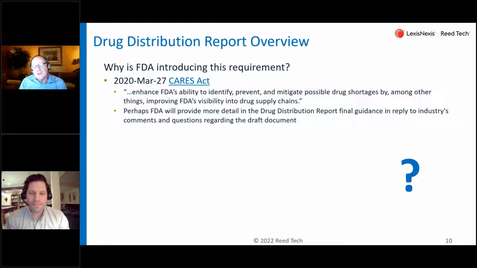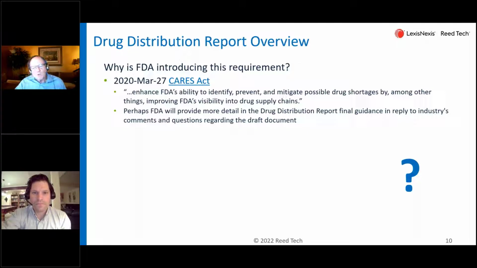We understand it is related to possible drug shortage, but how this information is going to be used in the event there is a drug shortage, or how it is going to be handled, is unclear. Many times there are supply chain interruptions, and this doesn't really address supply chain interruption. It's really just talking about the source of the drug products in commercial distribution.